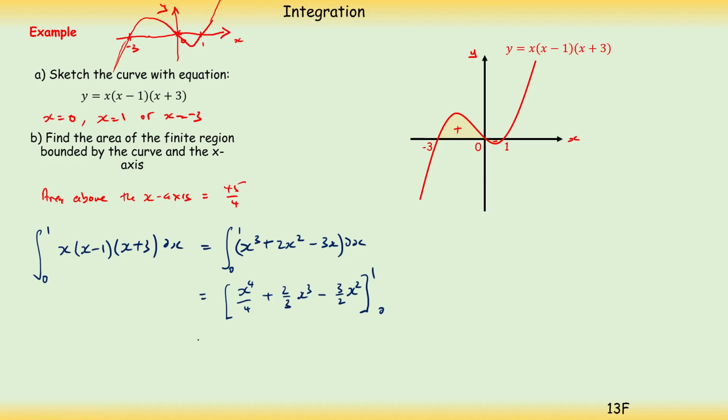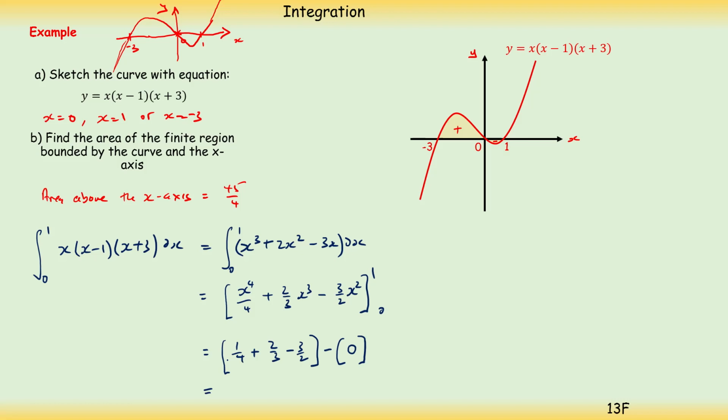A bit easier going from 0 to 1. That's going to be equal to a quarter plus 2 over 3 minus 3 over 2, and everything else in the other brackets is 0, because it's 0 over 4 times 0 minus 0. So I'm just going to put a 0 there.